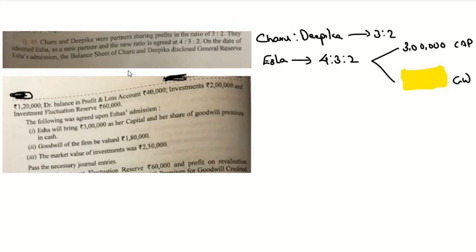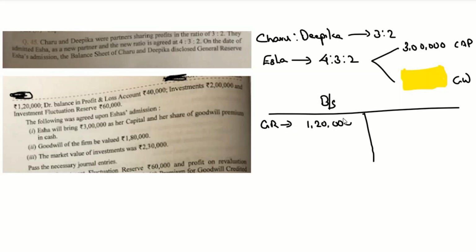Okay, now at the date of admission, the balance sheet of the firm showed the following. There is a general reserve of 1,20,000. There is an investment fluctuation reserve fund of 60,000.